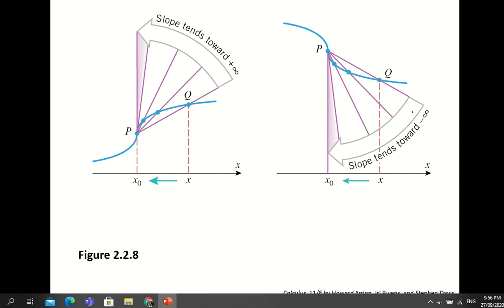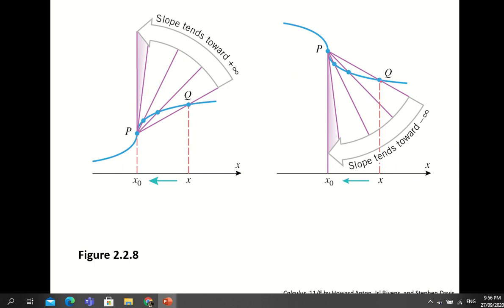On the other hand, if you look at the part where this one is concave, actually this is just the same as this one, but this is concave upward. Assuming our Q is from here, as we move this point Q towards P, this is another scenario for this class.